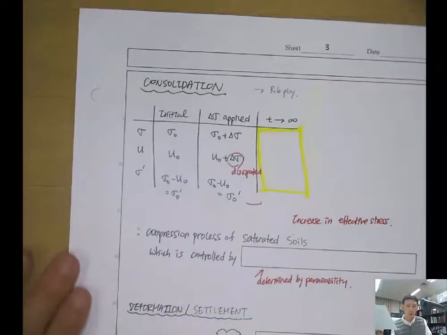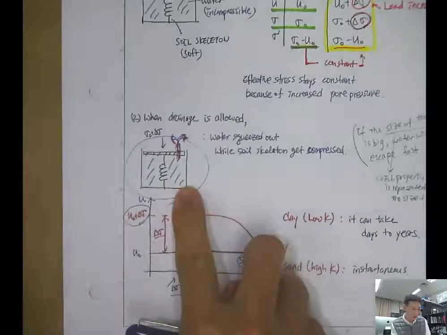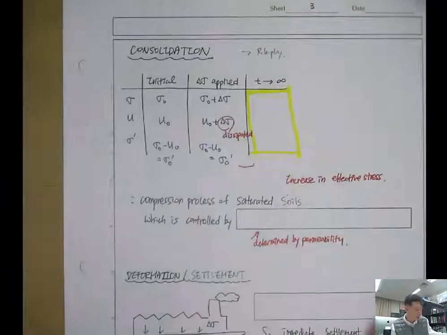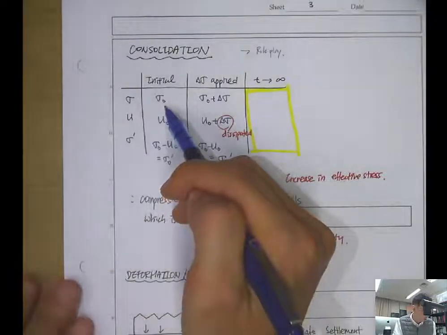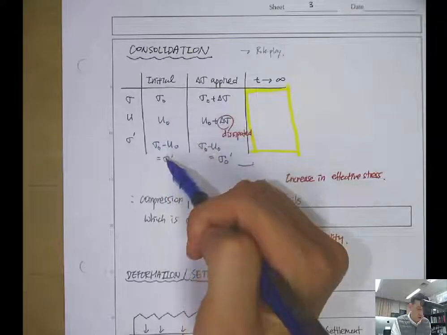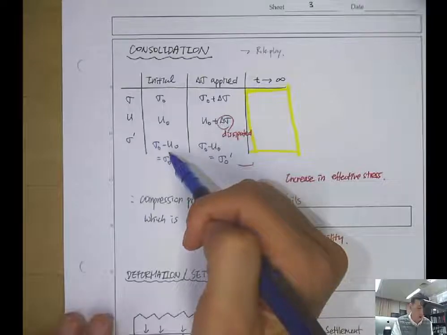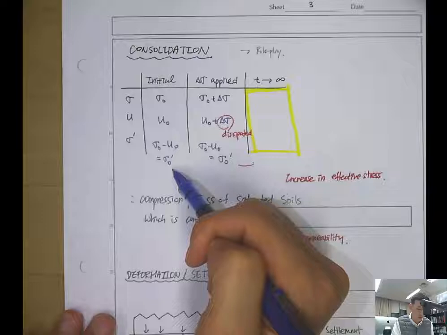So then what will happen to the stress state in this case? So we have a drainage hole. Initially, the total stress is sigma naught, and the pore water pressure is U naught. So the effective stress is sigma naught minus U naught, which is sigma naught prime.